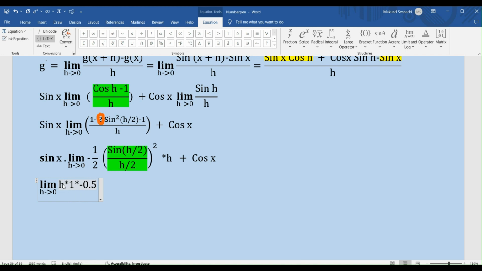So the expression highlighted in green is what is becoming 1. And I have my cos x, right? So there we have my h is 0. So my final answer is 0 plus cos x, which is equal to cos x, right? So the dy dx of sine x is nothing but cos x.